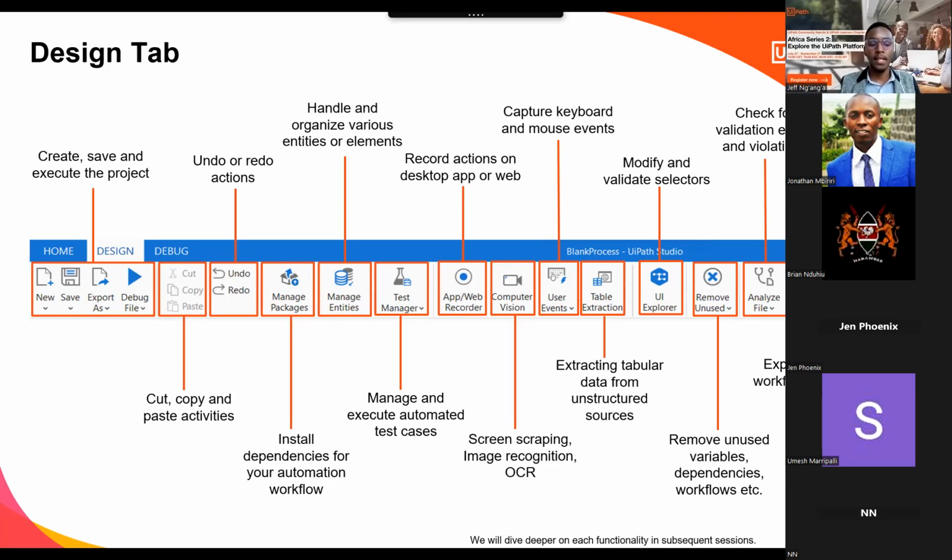So one of the dependencies you need for this is mail activities. And here in the manage packages option, you can install dependencies, upgrade them, and so on and so forth. And we also have an official marketplace where you can go and search for other dependencies that you'd like to include in your project. And this option can be accessed from the manage packages option.